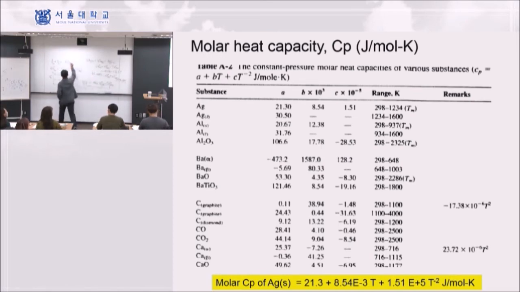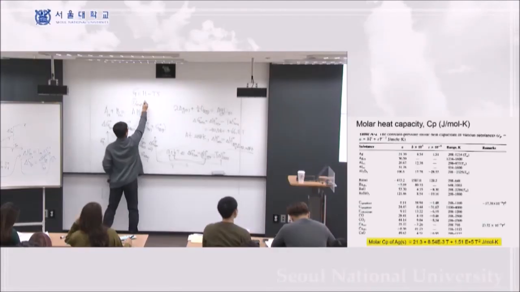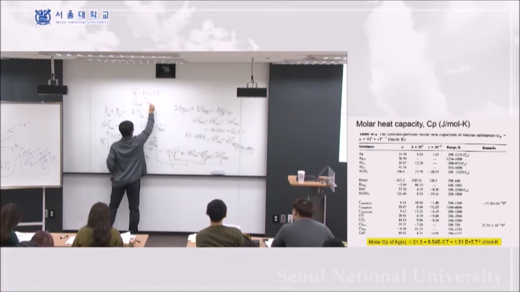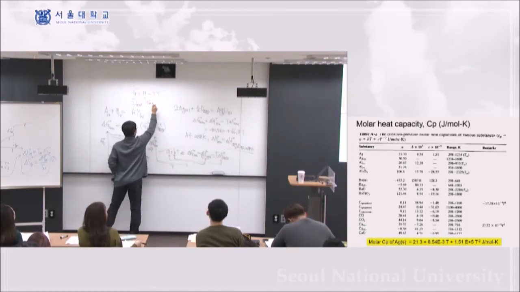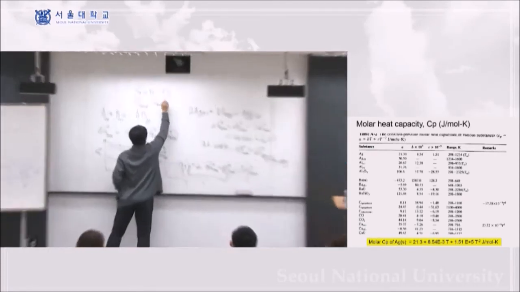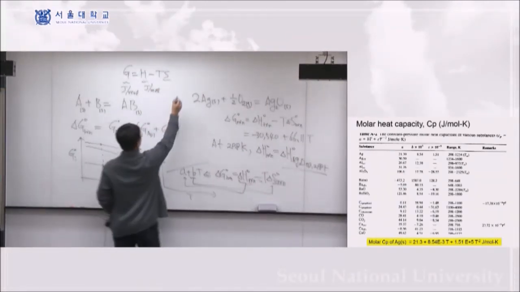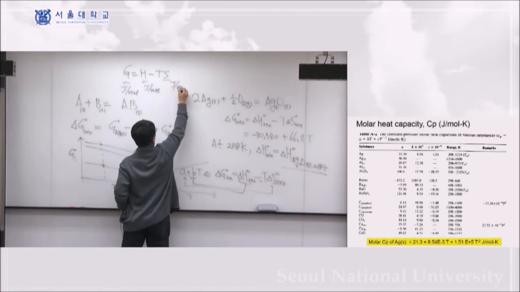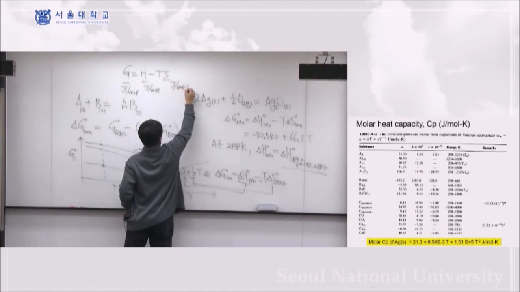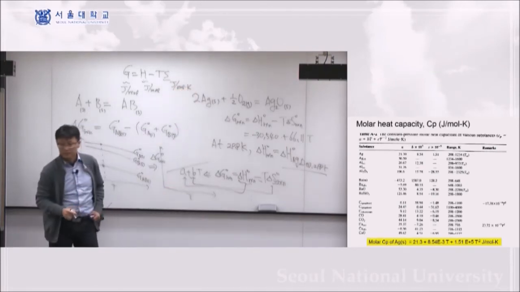So now let's look at this one. G equal to H minus TS. Gibbs energy, joule per mole typically. H, of course, then joule per mole. This one we multiply with the temperature, so it should be joule per mole, and then also Kelvin here.